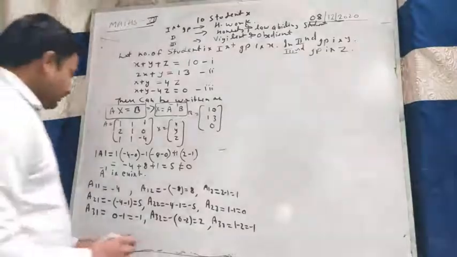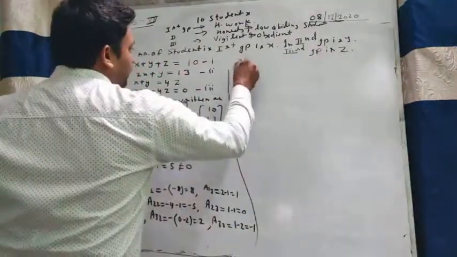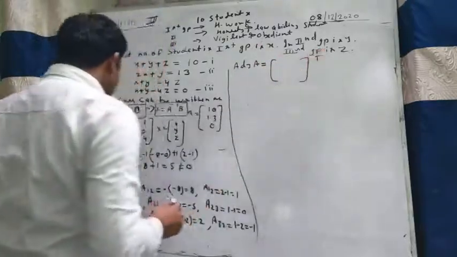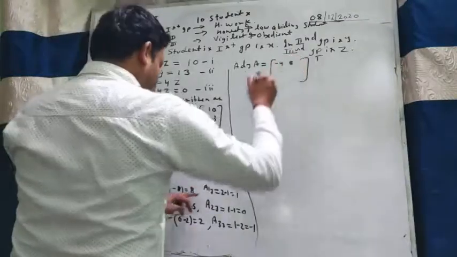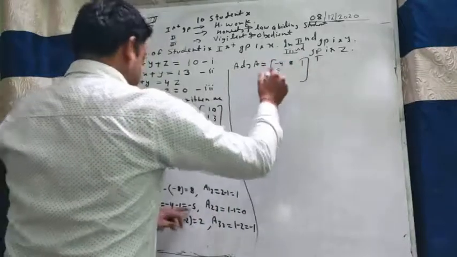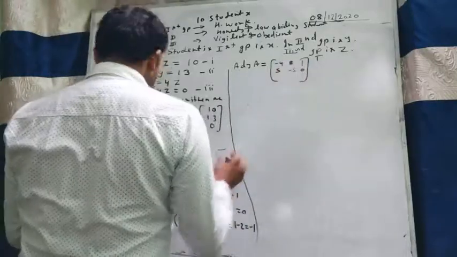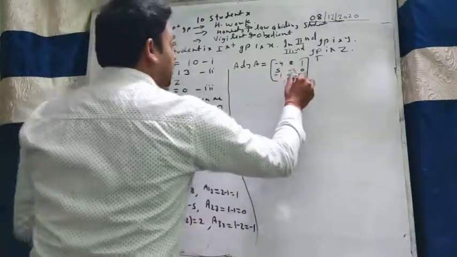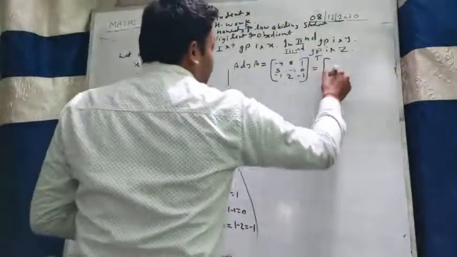Okay. So the adjoint of A is the transpose of these cofactors: minus 4, 8, 1, 5, minus 5, 0, minus 1, 2, minus 1. Now we will change these rows into columns.